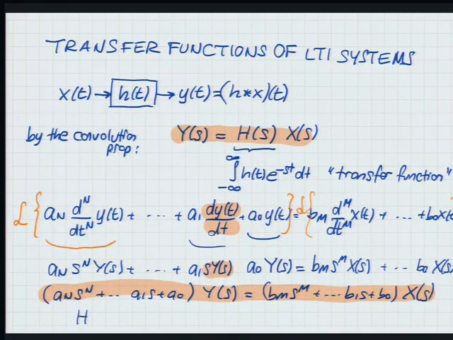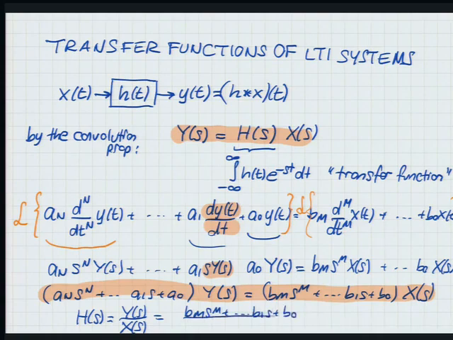Yeah, h of s is y by x, right? Y of s by x of s. Can you see the bottom of this? Yes, you can. Great. It equals bm s to the m up to b1 s plus b0, divided by an s to the n up to a1 s plus a0. And there you go. That's how you find the transfer function, right?